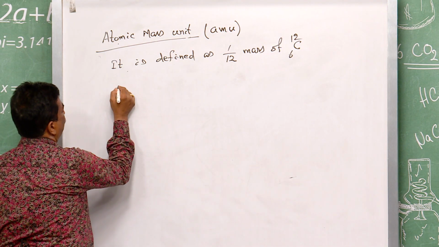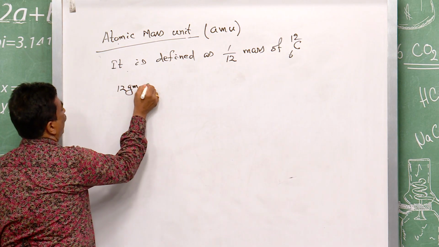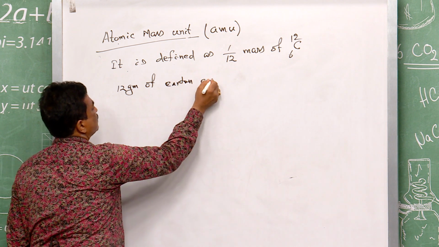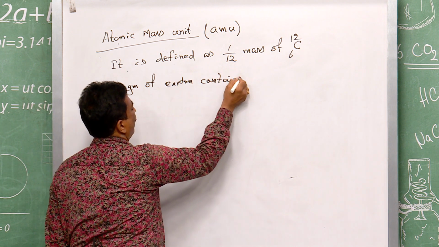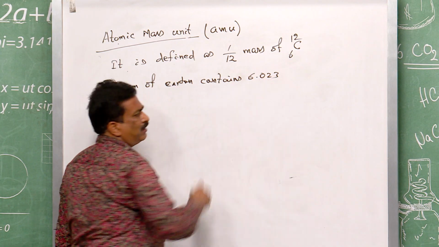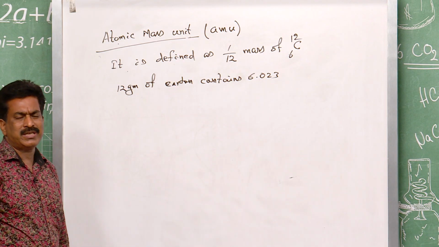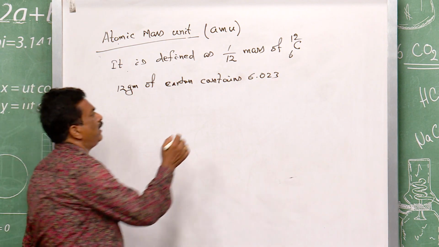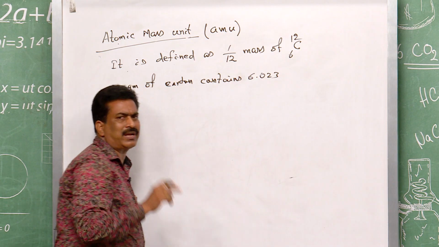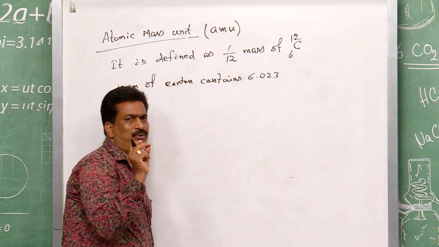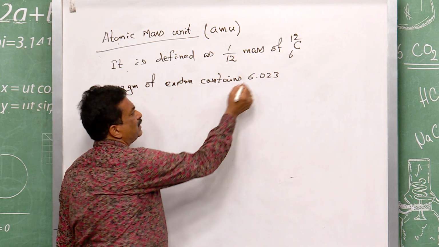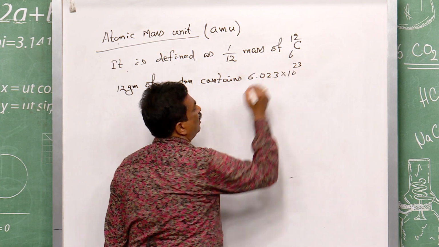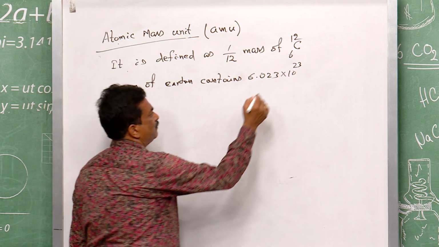And you know that 12 gram of carbon contains how many? 6.023 into 10 to the power of 23 atoms. Here the not is the 0, so 6.023 into 10 to the power of 23 atoms.